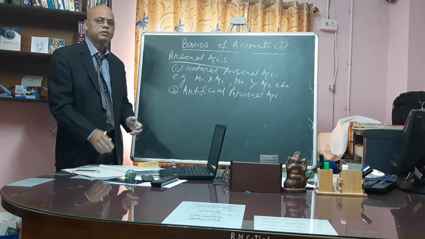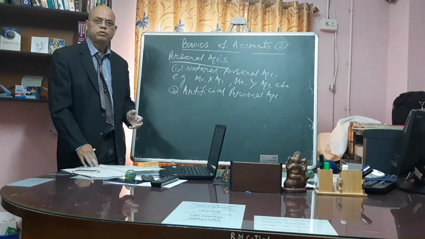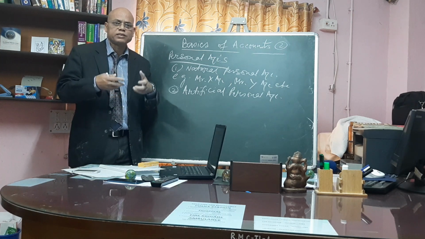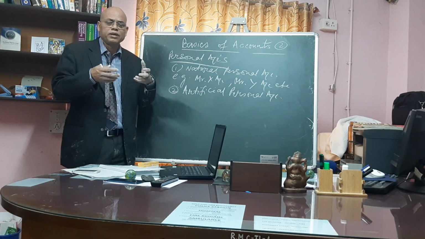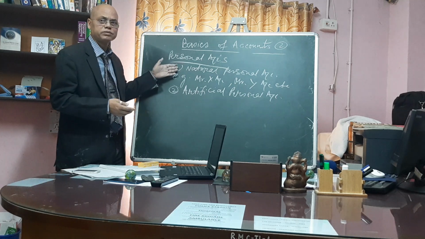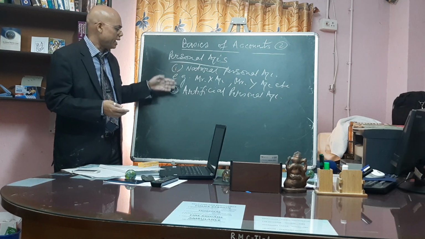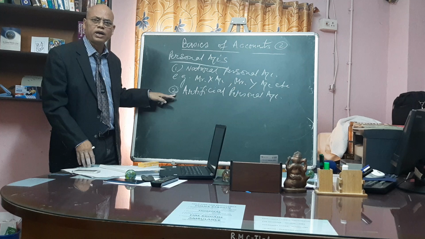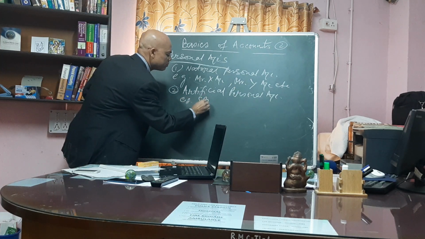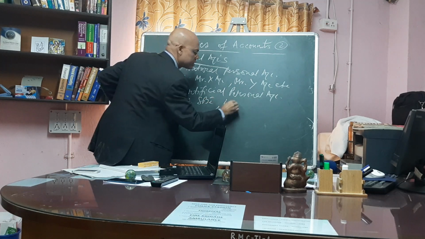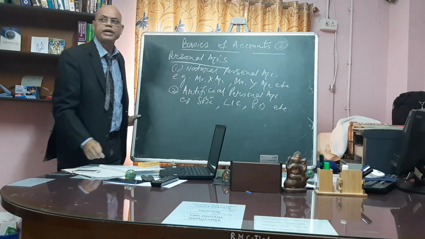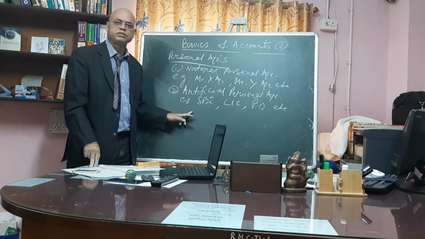The persons who can take breath, who have flesh and blood, who have natural existence, are natural persons. And the institutions or organizations like State Bank of India, Life Insurance Corporation, Post Office, railway company, all these are artificial persons.